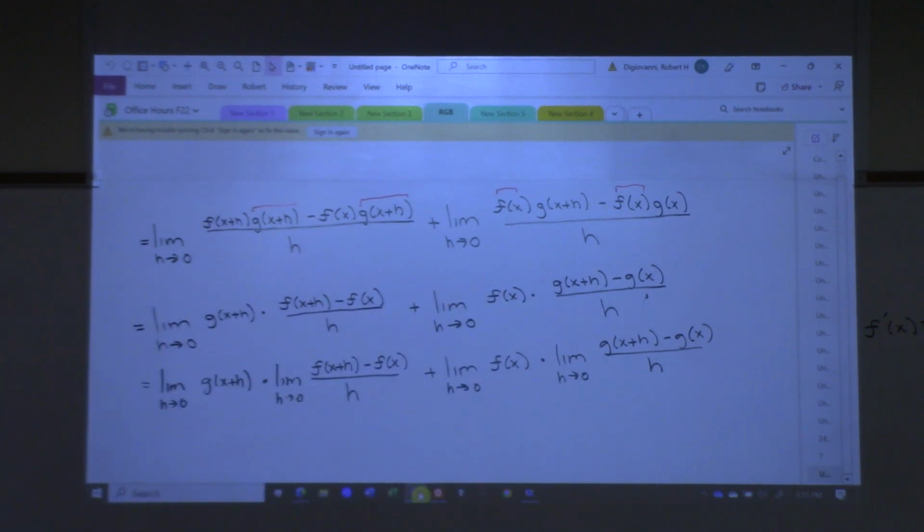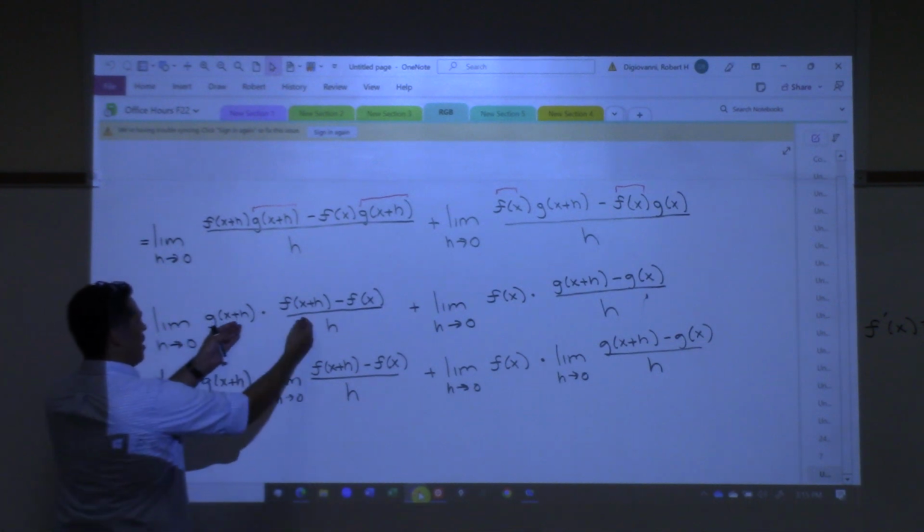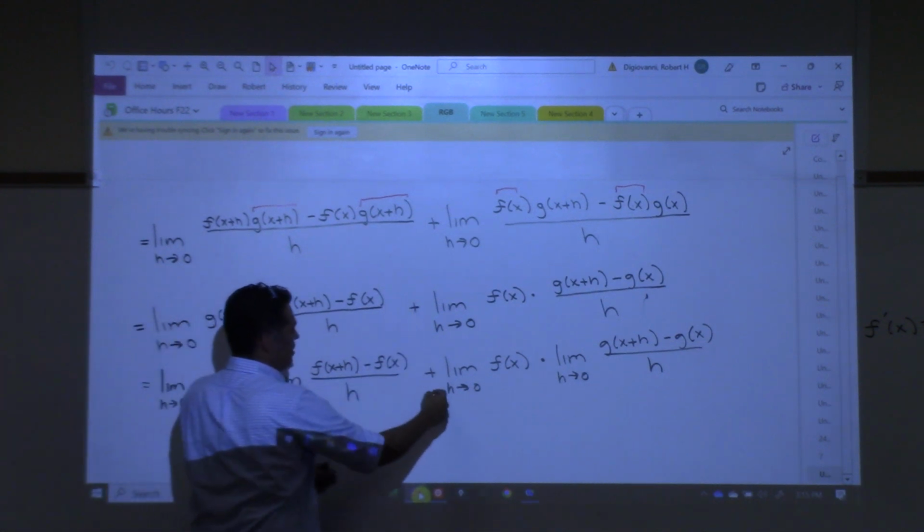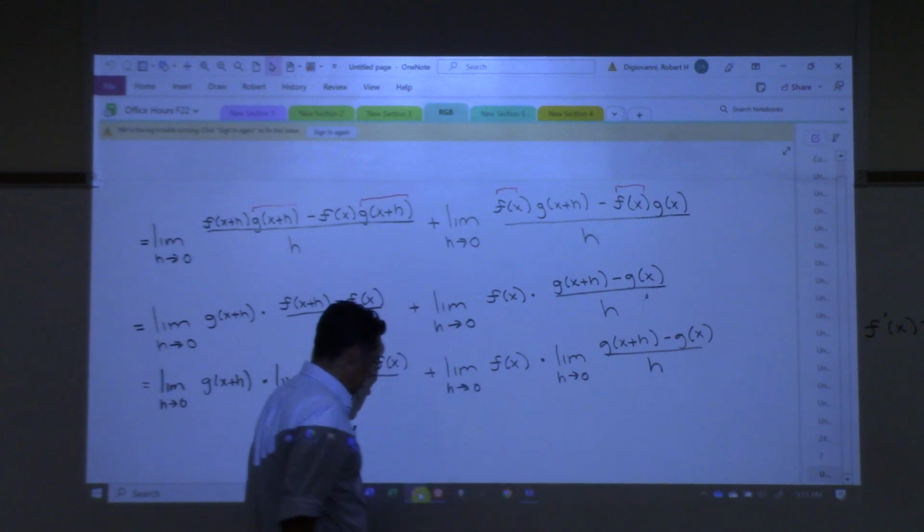Is that legal? Limits work that way? If you have a limit of a product, you can do the limit of each one.